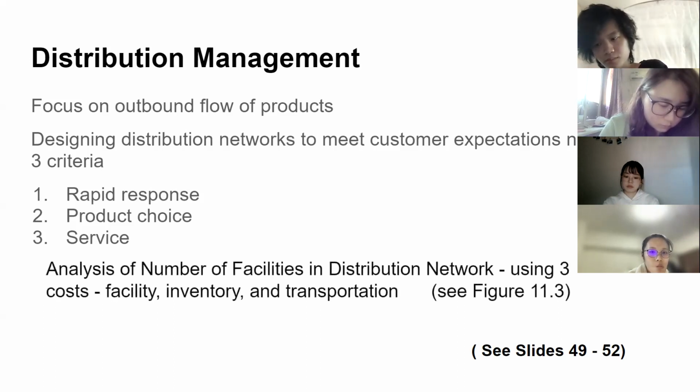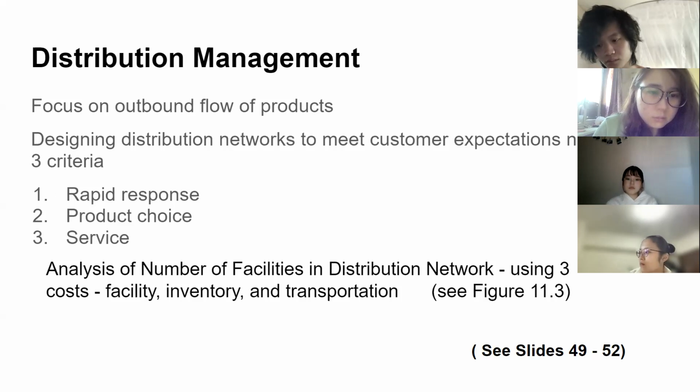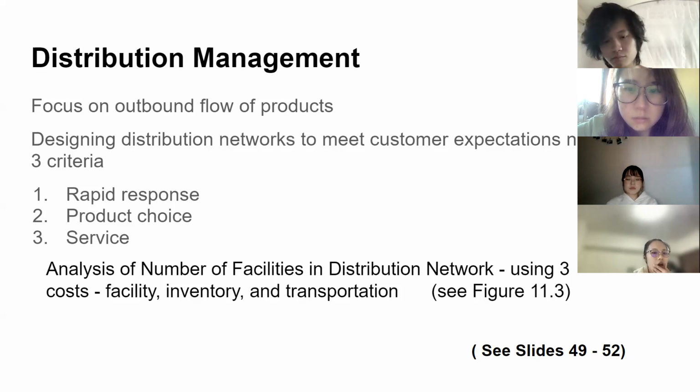There are methods of analyzing the number of facilities in a distribution network using 3 cost categories: facilities cost, inventory cost, and transportation. I'm not going into detail on this. It's just an idea that you also need to consider the cost of distribution, added together with your logistics costs.